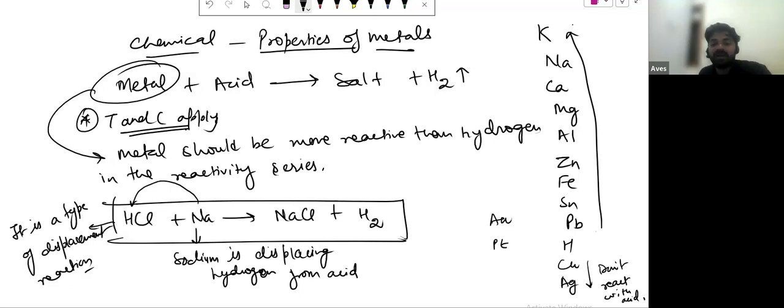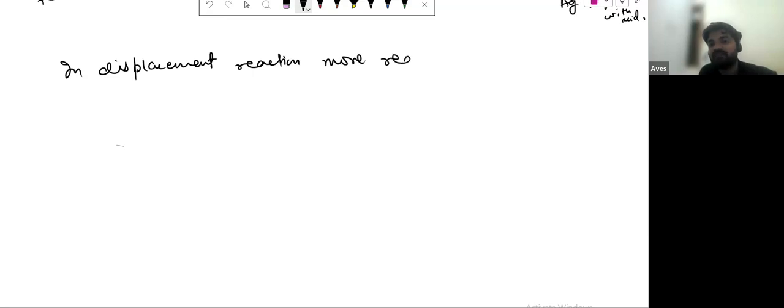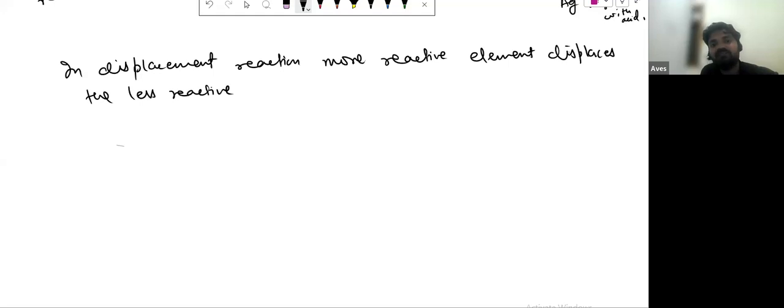In a displacement reaction, a more reactive element displaces the less reactive element from its compound.